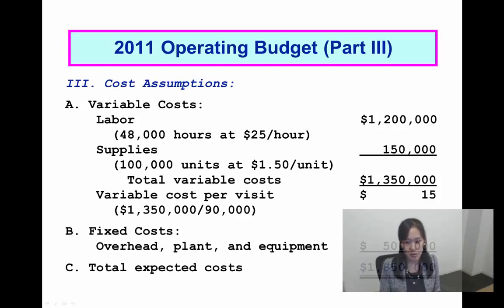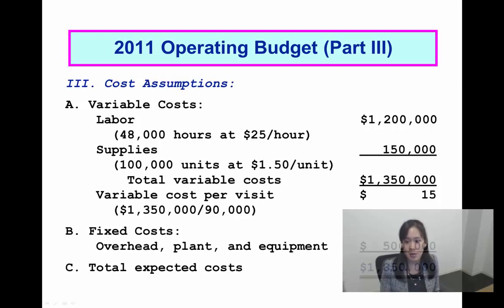I think it's important to separate out variable costs from fixed costs in order to have greater clarity on where costs are being driven, or what is driving costs. For the variable cost, you can break this out into several different components. Here we're just looking at labor and supplies. I think those are your two main categories.